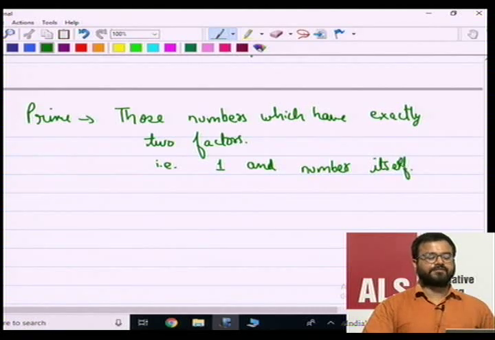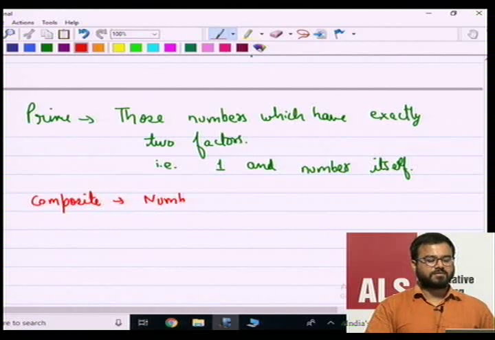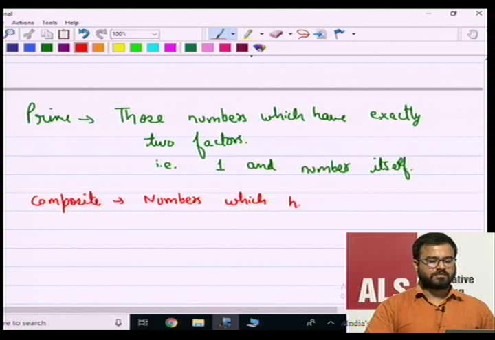That is the definition of a prime number. Composite numbers are numbers which have more than 2 factors.